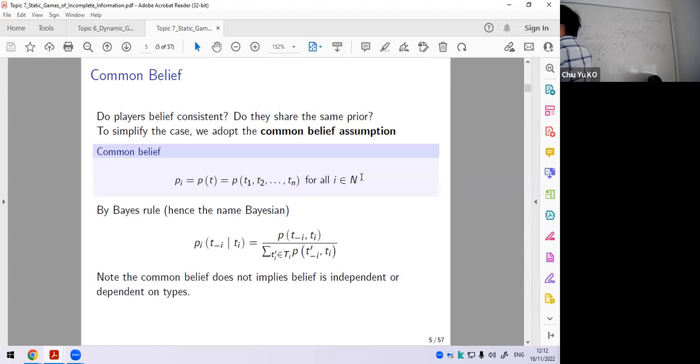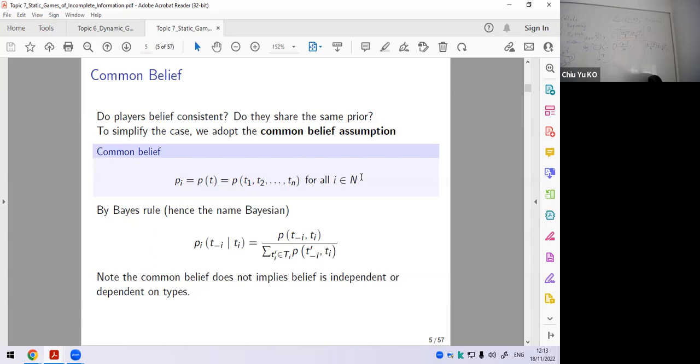Firm 1 can think firm 3 has high cost with probability 1/2, and firm 2 can think firm 3 has high cost with probability 1/3. It's okay, they need not be the same, because it depends on what he has. So they need not agree. This is still the prior, but they do have the same overall. If this is not the same, then there is a paper on that, but that is very complicated.